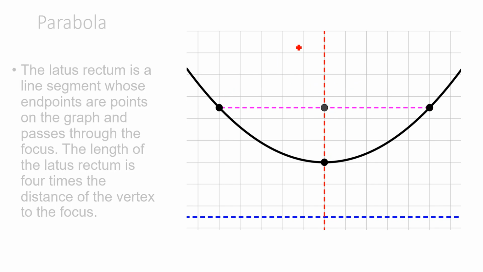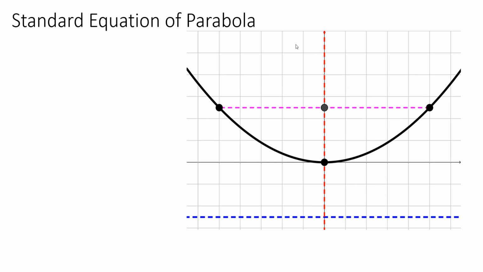This time, let's state the standard equation of the parabola. Let's say we have a point P on the parabola, and the coordinates of point P are (x, y).